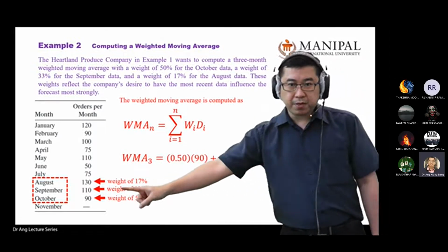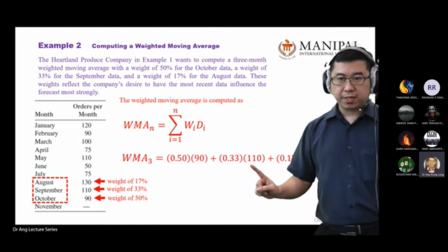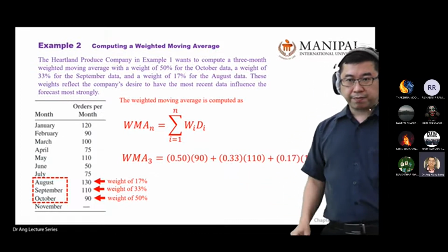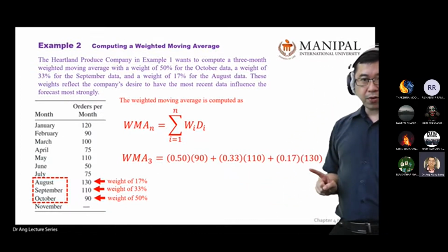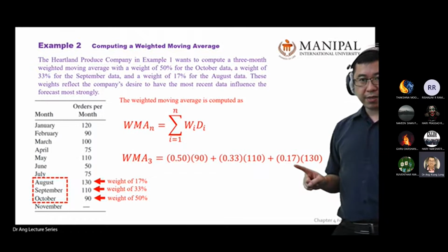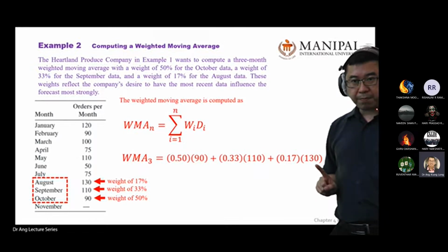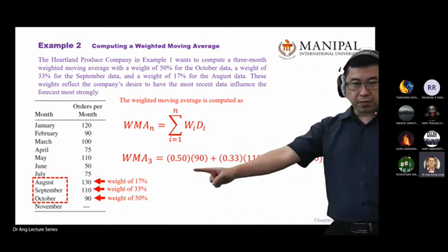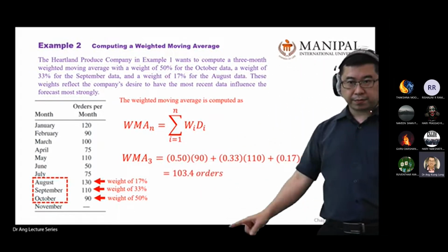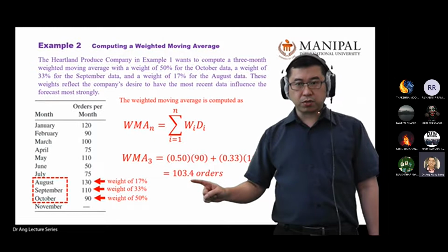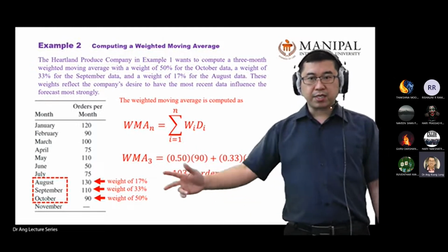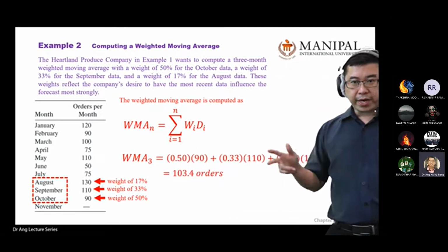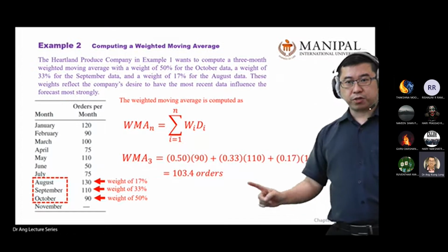So September 110 orders times 0.33. You do the same for August. August 17% multiplied by 130. You add all the numbers together, you get 103.4 orders. This is how you do weighted moving average for 3 months.